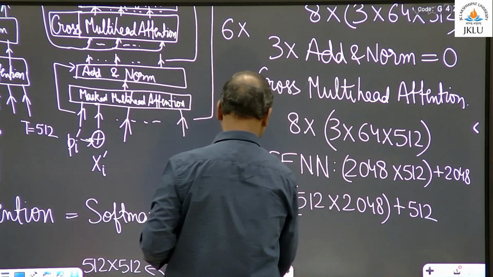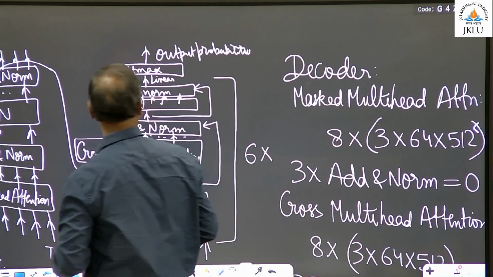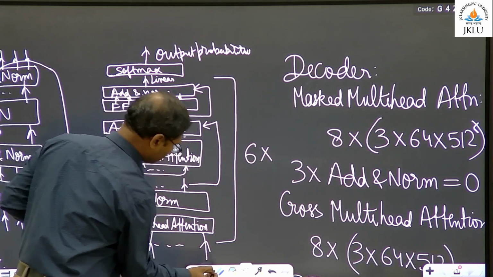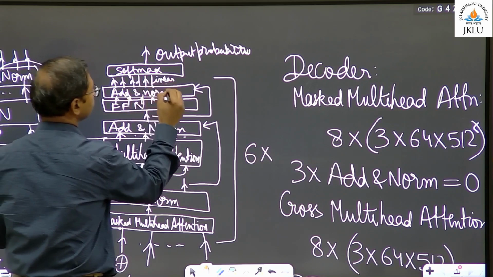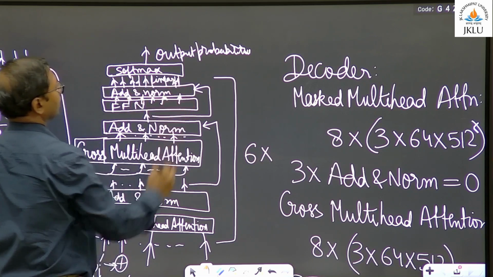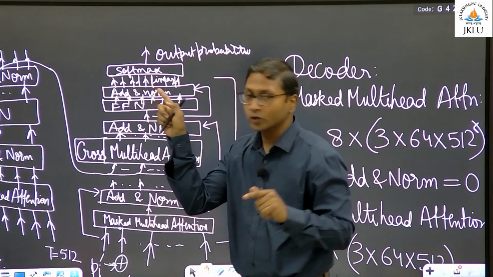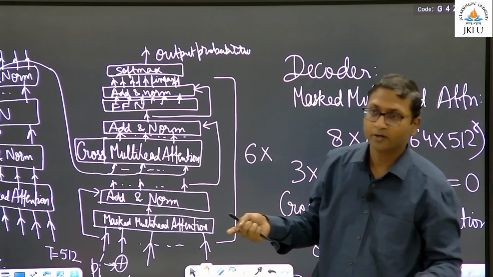Now the last layer, FFN is over. What about this linear one? So here how many outputs do you have? 512. So this linear is going to receive 512 and do what?